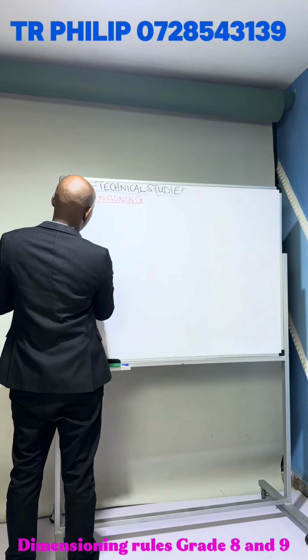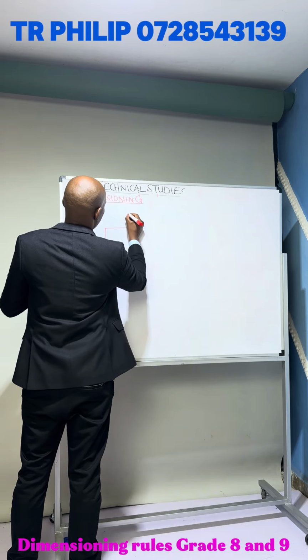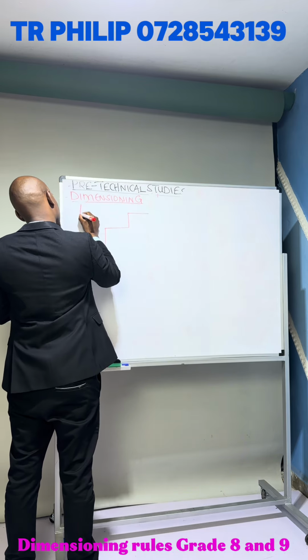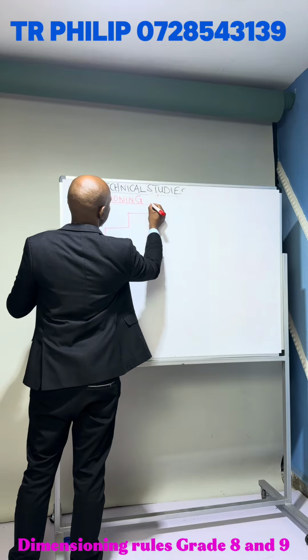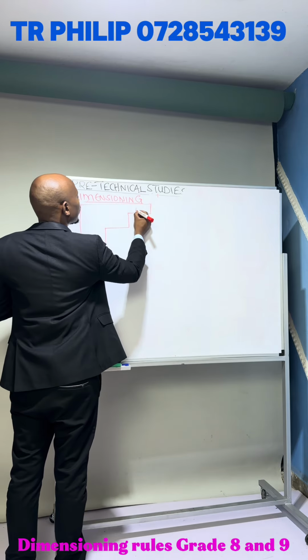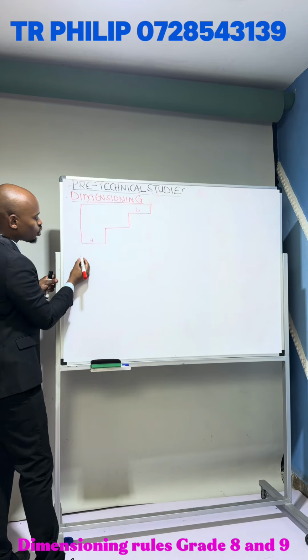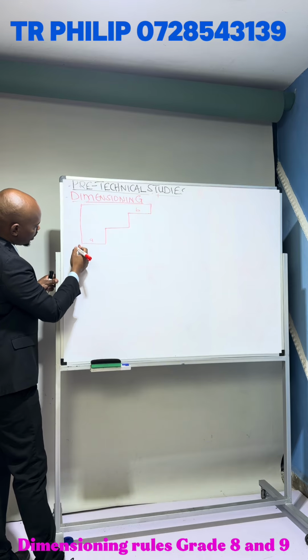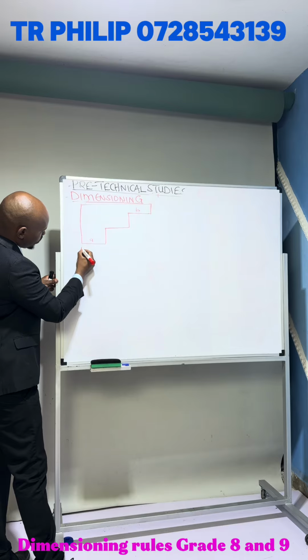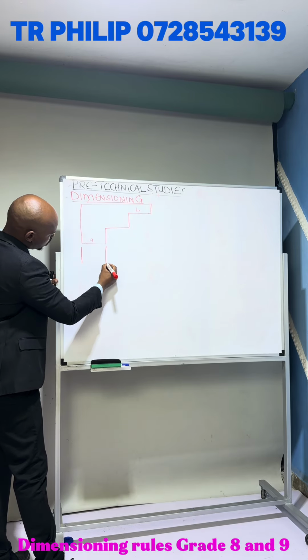I'll have two diagrams. Perhaps there's a diagram that looks like this. I'm giving an example. Assuming there is a diagram that looks like this, and they have told you to dimension line A and B. You take a ruler, you place that ruler here, and you make sure that you have a continuous line.